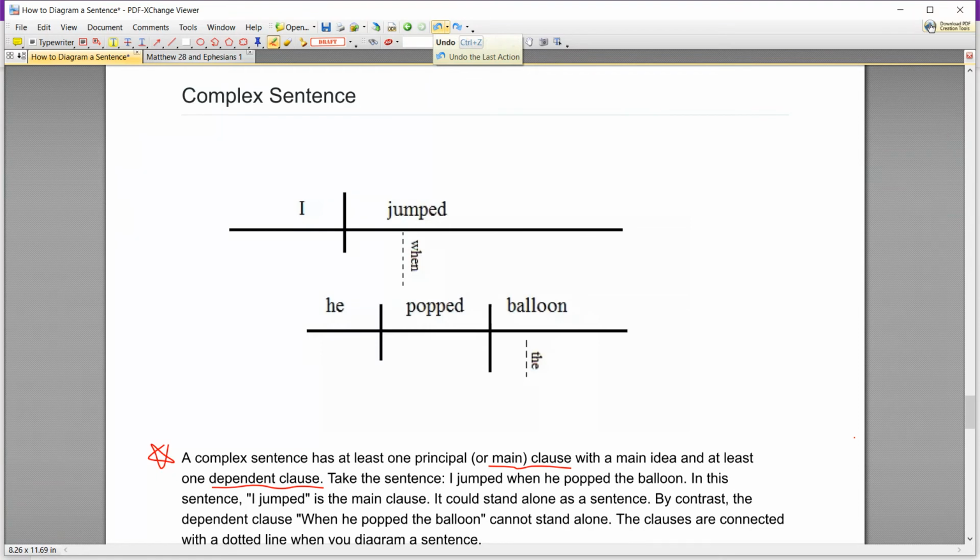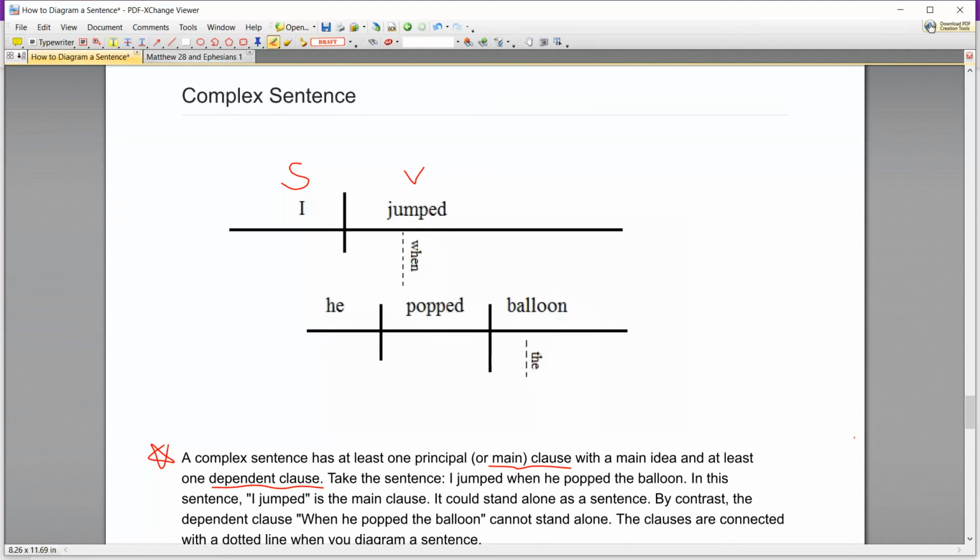So we have two clauses in this sentence. Two clauses come together in a larger sentence, so we call it a complex sentence. In this case, we start with the main clause. I, subject, jumped, verb.